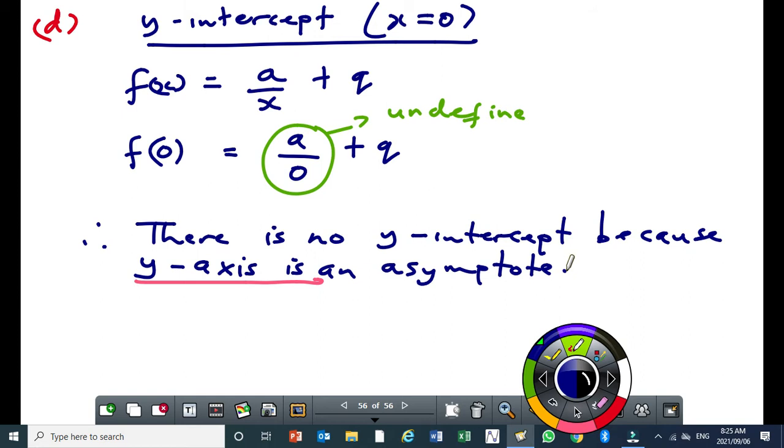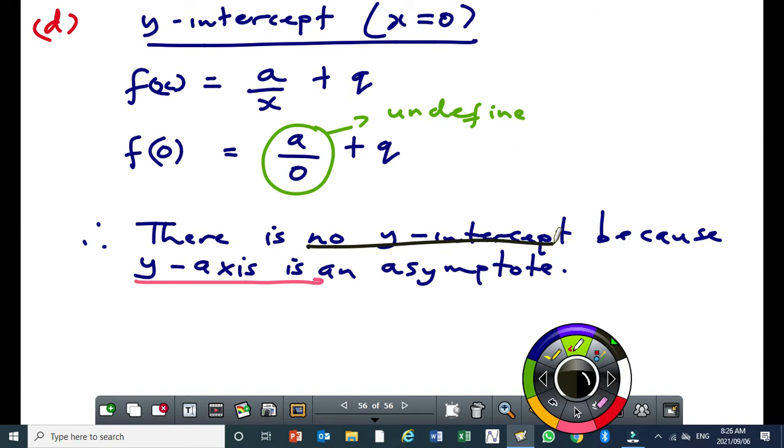Also, in grade 10 we only concentrate on vertical shift of the graph, so it will never touch the y-axis. But next year, in grade 11, we can have horizontal shift, whereby you can have a y-intercept for the hyperbola. But for grade 10, there is no y-intercept. Right, so x-intercept, y-intercept.